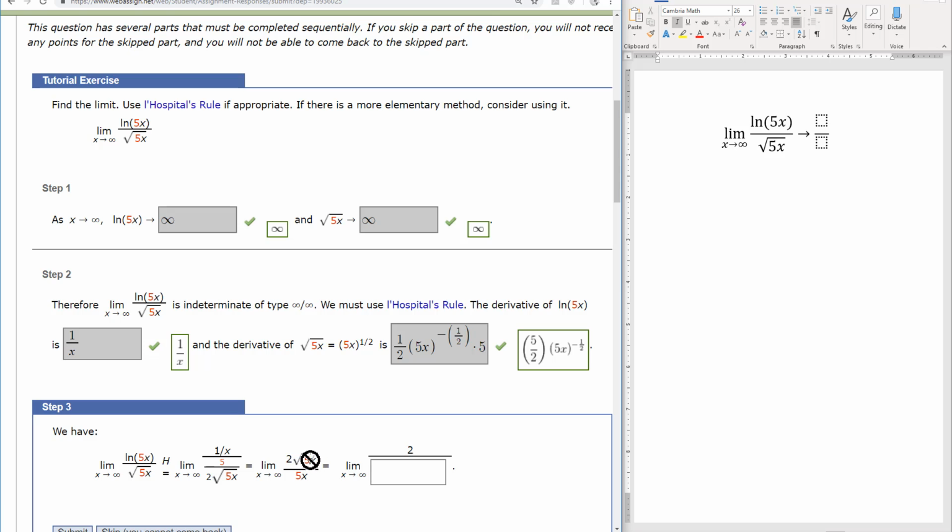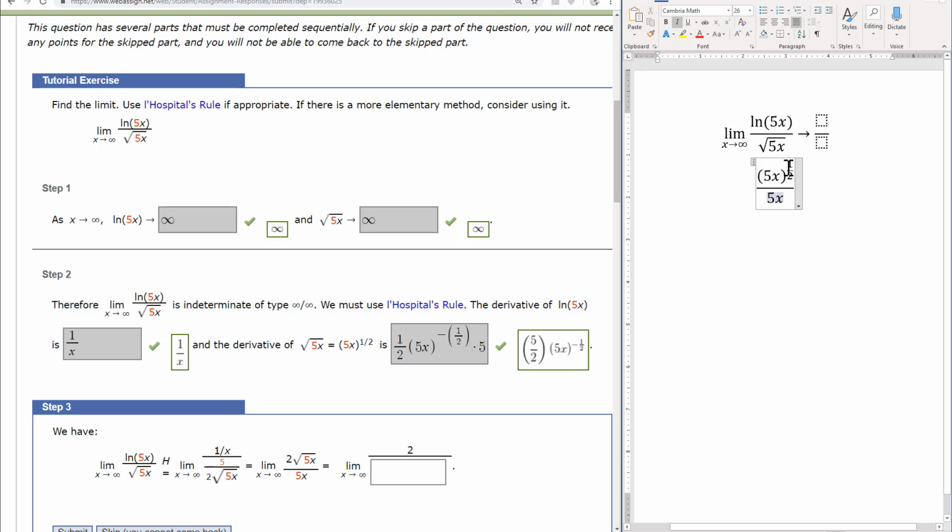So if we have the square root of 5x divided by 5x, that's like 5x to the 1/2. Maybe we should write that down here. That's 5x raised to the 1/2 power divided by just 5x raised to the first power.